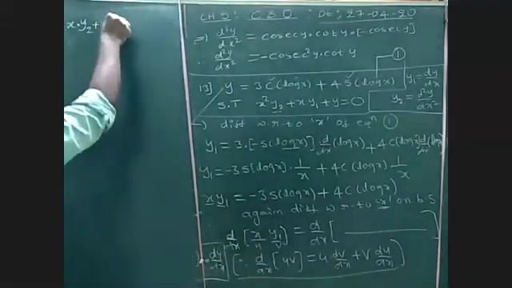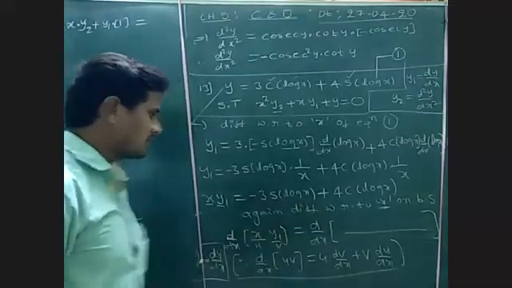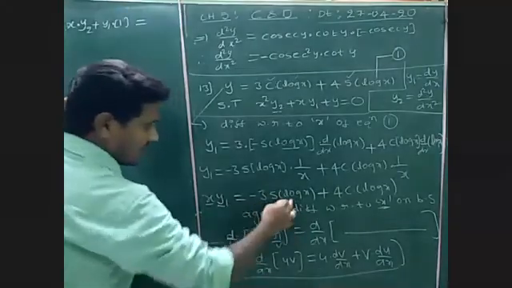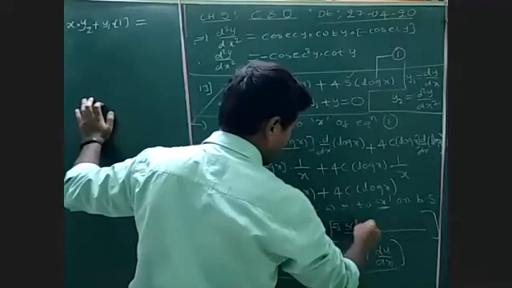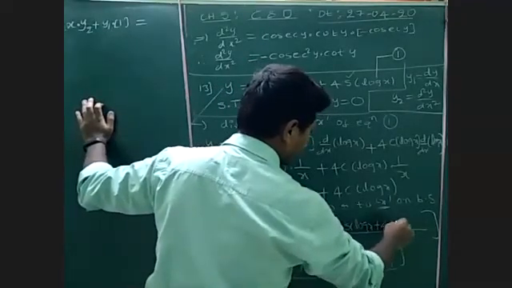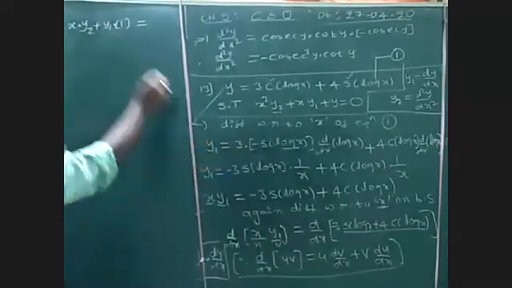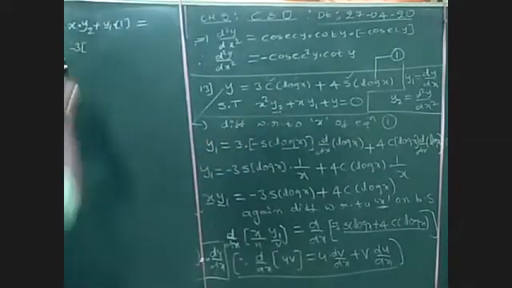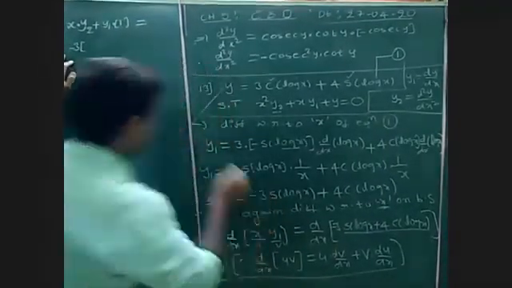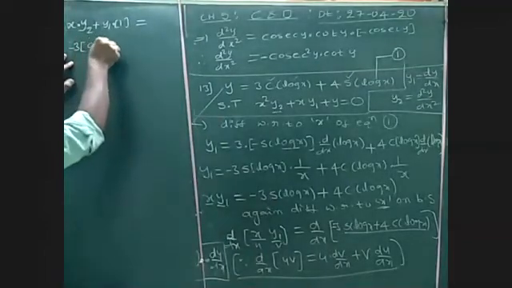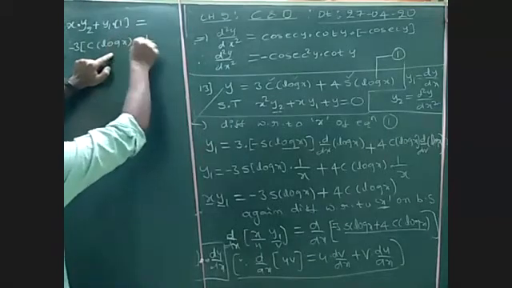Already we know that is 1. Equal to right side derivative, like this we can write directly as 3 into minus 3 sin log x plus 4 cos of log x. Now differentiate, minus 3 is constant into, now sin derivative. What is sin derivative again? Cos of log x. Log x derivative I am differentiating directly, log x is 1 by x.